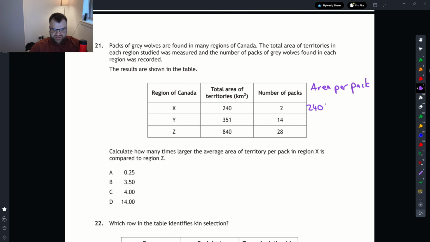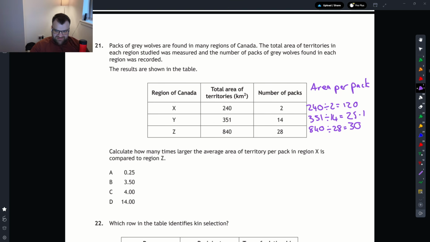So 240 divided by 2 is 120. 351 divided by 14 equals... Now I've just clocked, I don't actually need to do this one because it's not asking us about it, but I have committed, so I will finish. 25.1, and then 840 divided by 28 gives us 30.